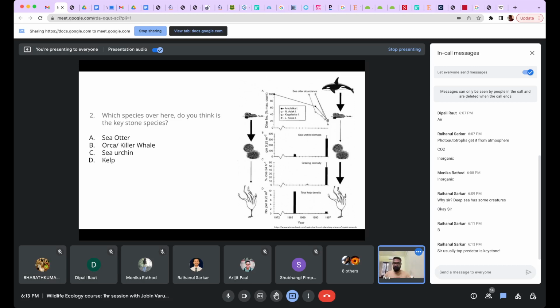So Rehanu says usually the top predator is the keystone species, but that's usually. Over here the situation is slightly different.